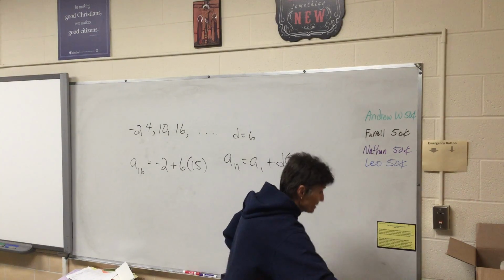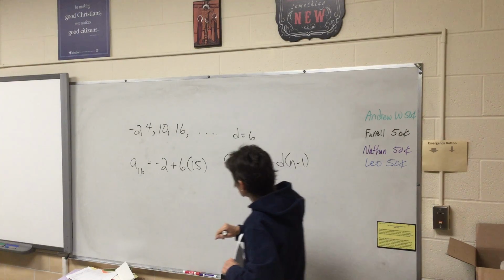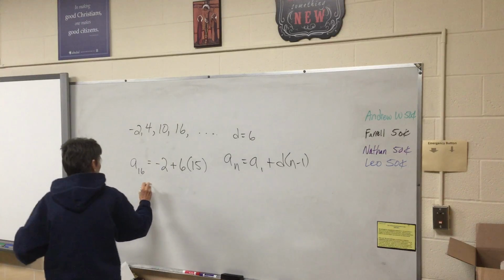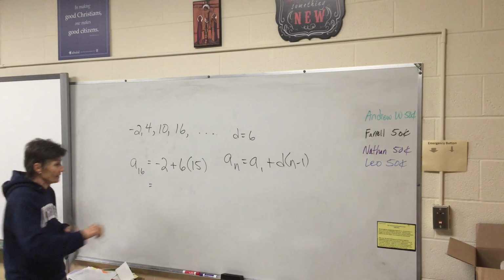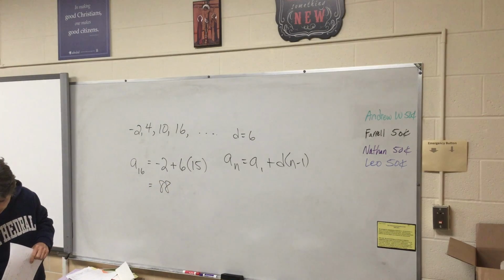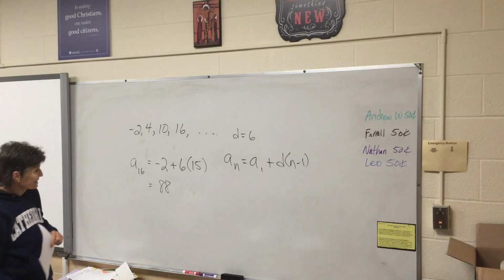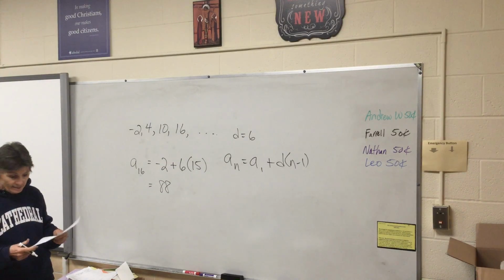N is 16, because we're finding a sub 16. So according to the formula and my trusty calculator, is that 88? I did it in my head without a calculator. Probably that was dangerous. Let's see. Yep, 88. So the 16th term of that sequence is 88.